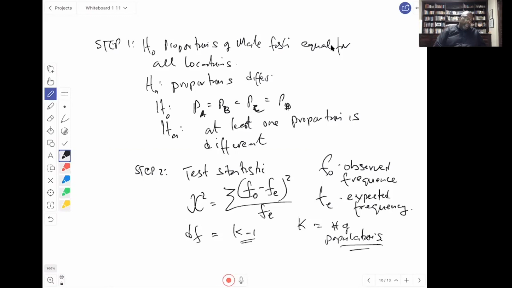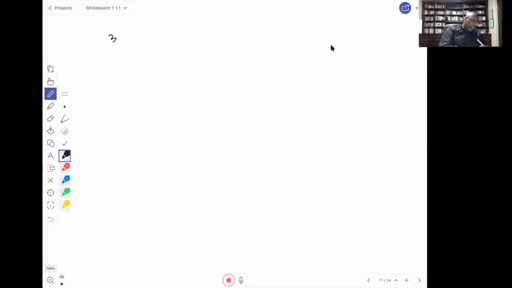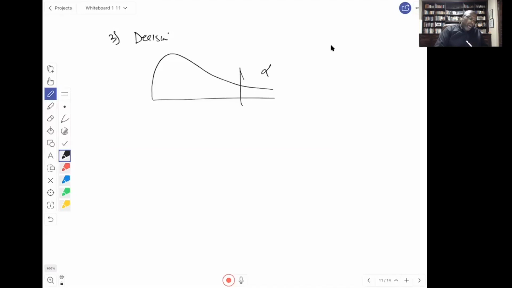All right? Step 3. Decision rule. Remember, once we get the first 3 steps, we're good to go. So chi-squared is actually a skewed-looking distribution that looks something like this. And alpha is always in the tail. It's not alpha divided by 2.